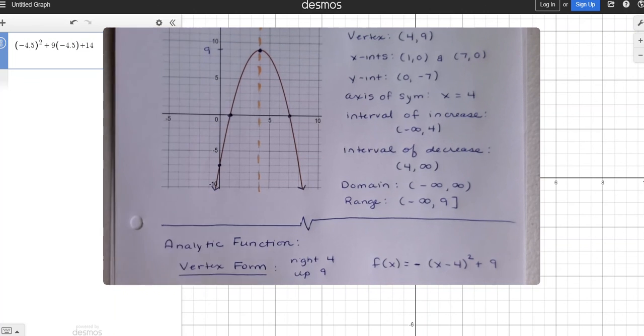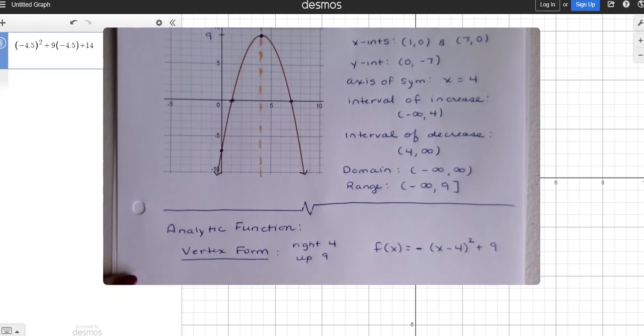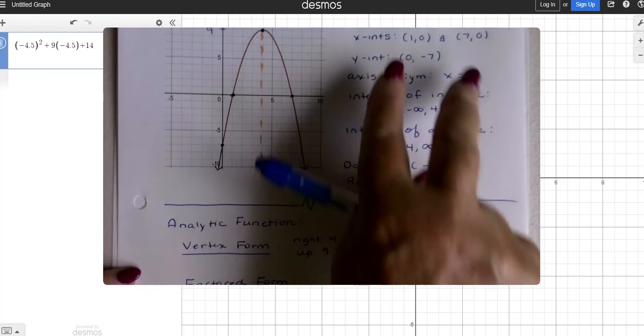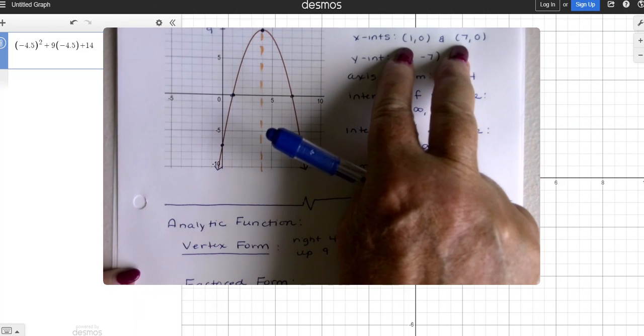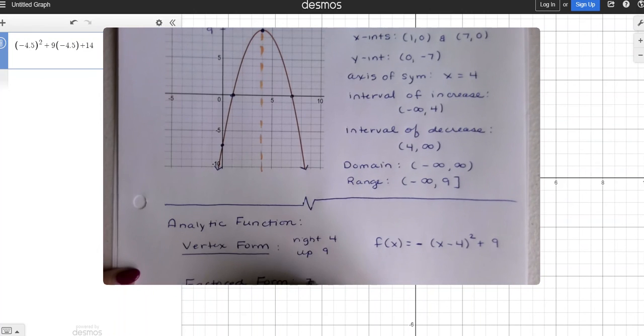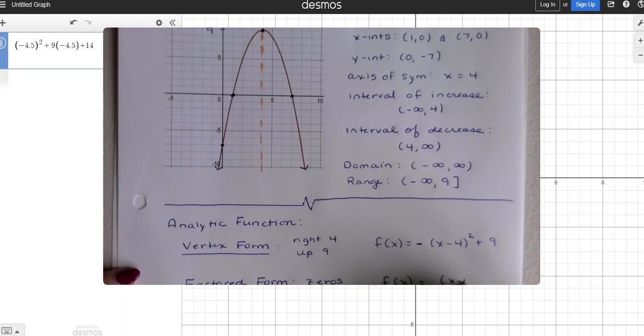All right, let's go for the factored form next. Because I know what the x-intercepts are, I easily know the zeros are x equals 1 and x equals 7. So the factored form has to include an x minus 1.